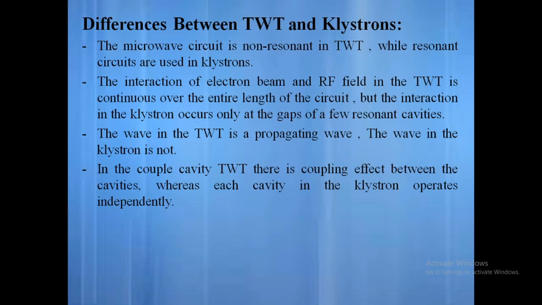The wave in the traveling wave tube is a propagating wave, whereas the wave in the klystron is not. In the coupled cavity traveling wave tube, there is a coupling effect between the cavities, whereas each cavity in the klystron operates independently.